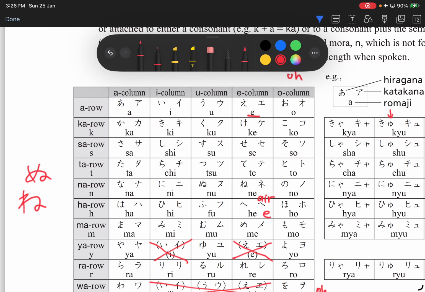So for example, we will often see shop signs in Japan that will be written in katakana instead. For example, ramen, right? Some places they will write in hiragana. Some places they will write in katakana. There is no convention to say which one is correct or wrong. I mean ramen comes from, like, it's a Japanese word, right?